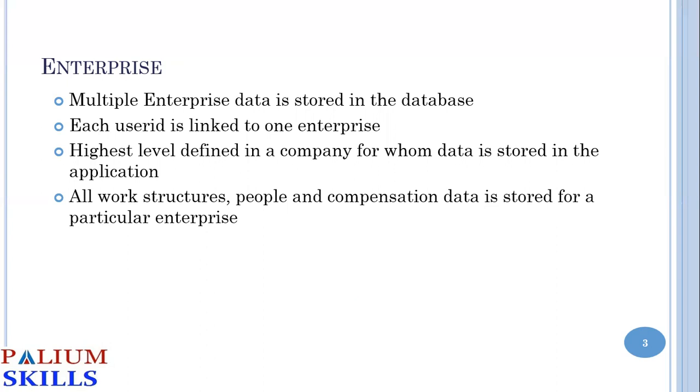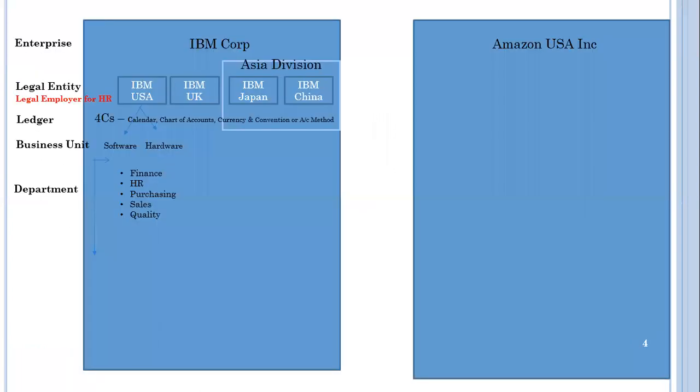So enterprise is like a big box, you can think, and when a user signs in, their access is restricted to one particular box. Suppose in our database, we have two different boxes, two different enterprises, one for IBM, another for Amazon. Let's say for IBM Corporation, you can define the enterprise as per your need.